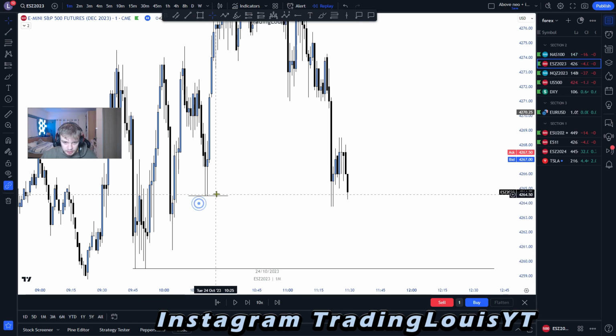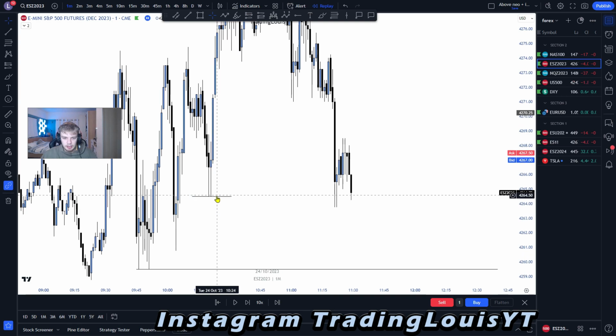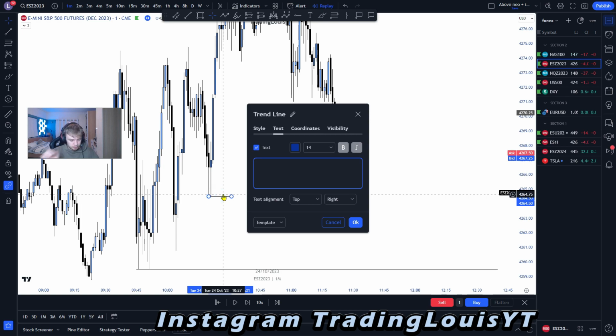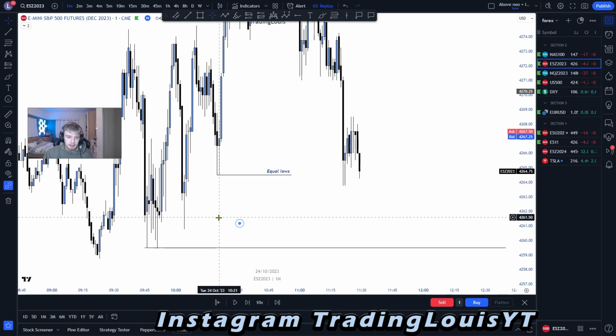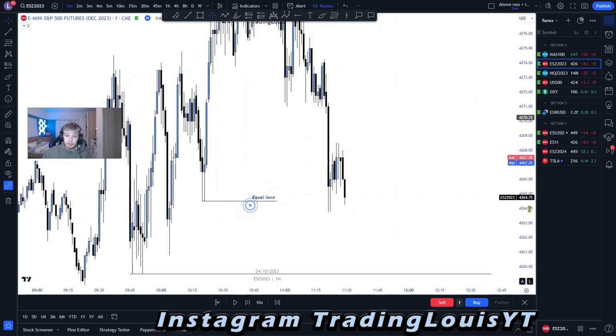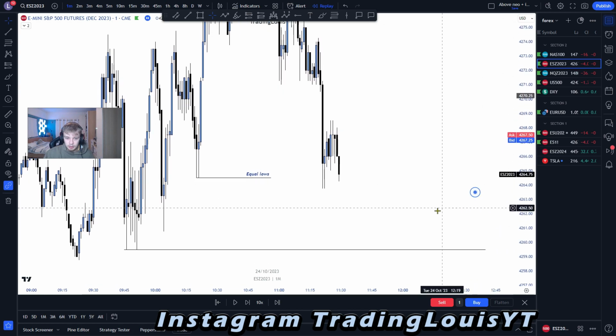As you can see, price comes to this point in the market and then rejects it, leaving two different candles both left at that same point in the market. That is called equal lows. Now it is an extremely good draw to find where the price is going to go.